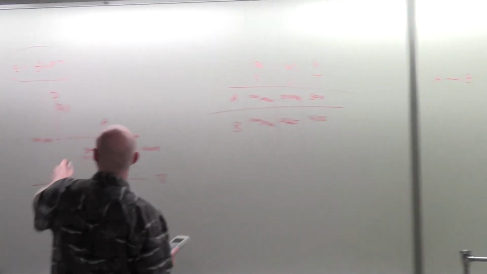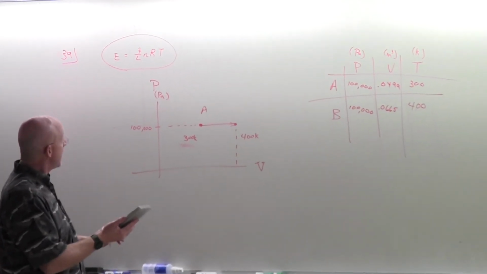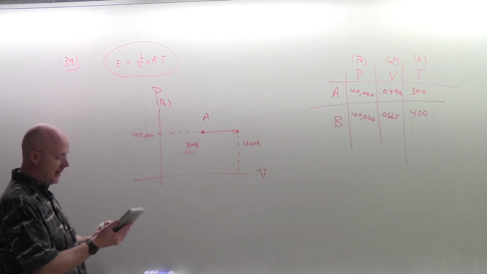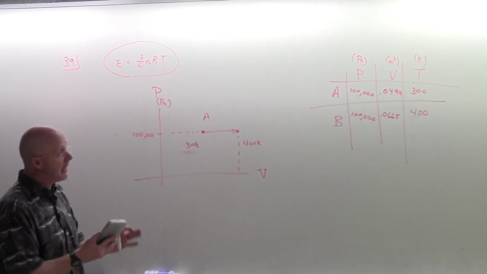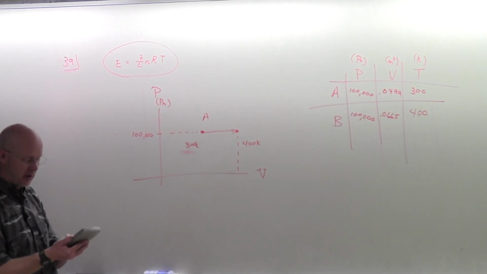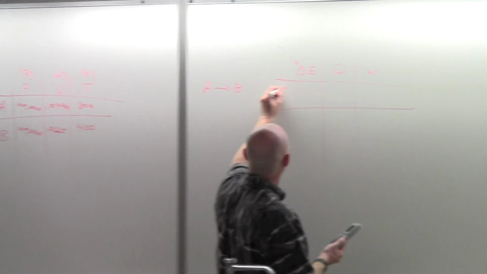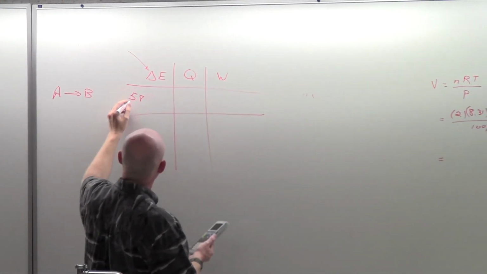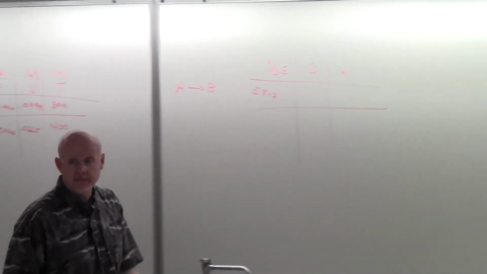So putting those numbers in, I have 7 divided by 2 times the number of moles, 2, times 8.31, times a change in temperature of 100. And so they have given me the easy way out here by saying this is 5,817.